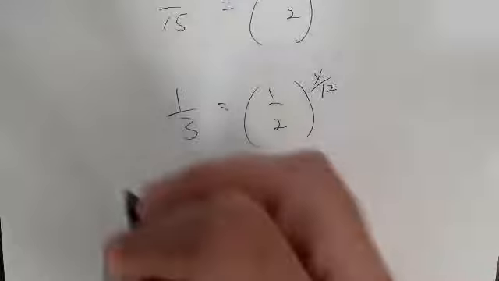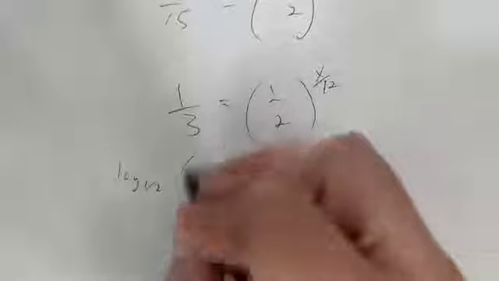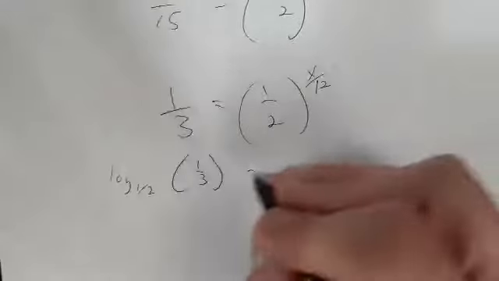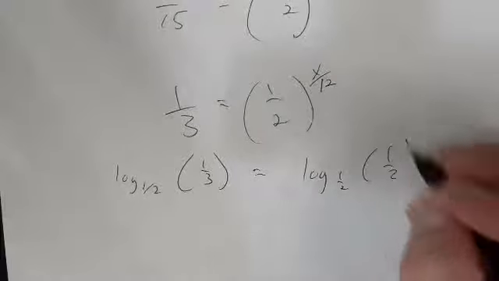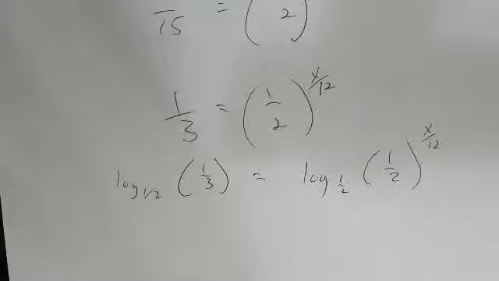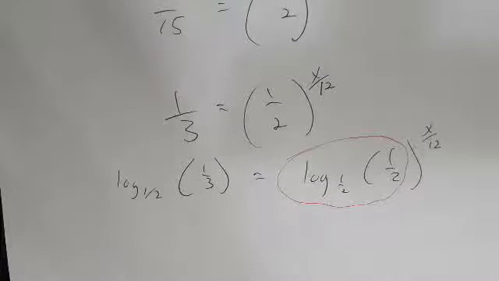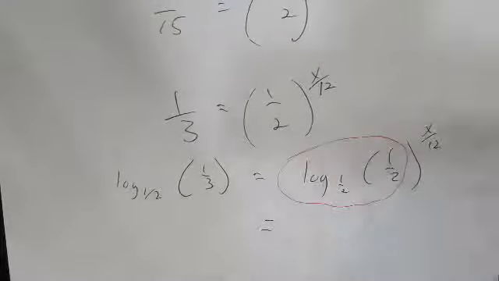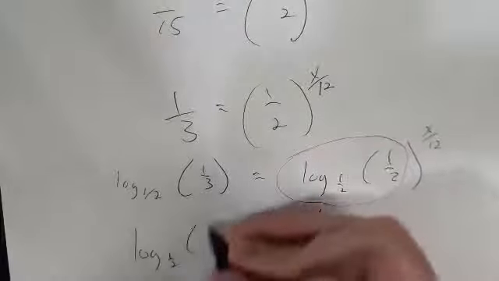So if I want to do log base 1/2, I'm going to do log base 1/2 of 1/3 equals log base 1/2 of 1/2 to the x divided by 12. And I took this crazy log base 1/2 because now these two things are the inverse property. This thing is equal to x over 12 on this side. I have a log base 1/2 of 1/3.